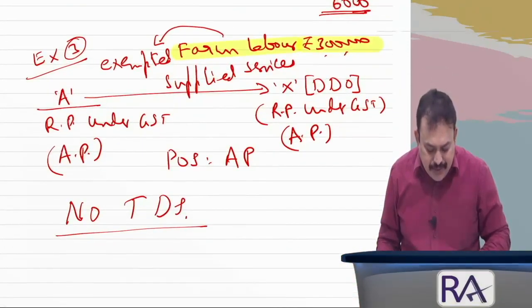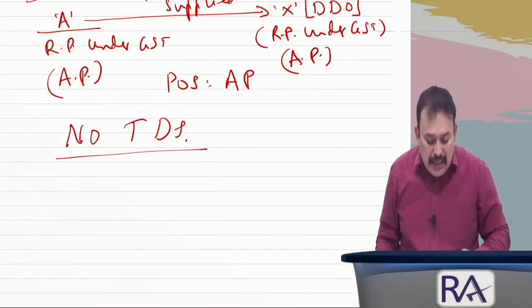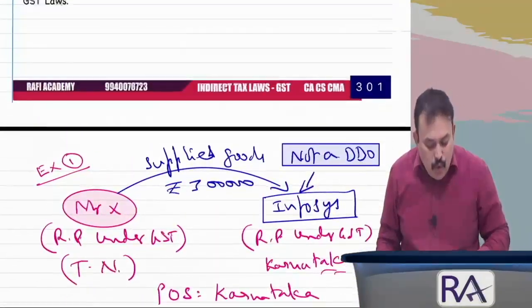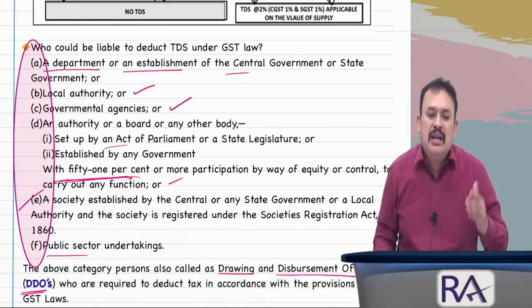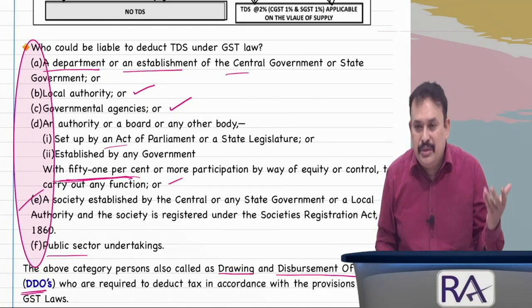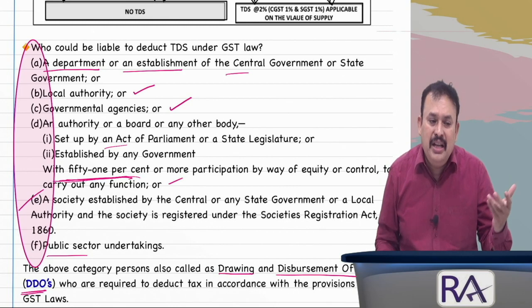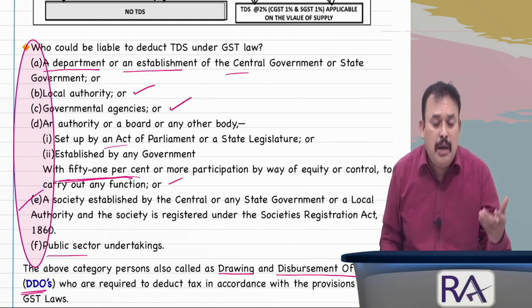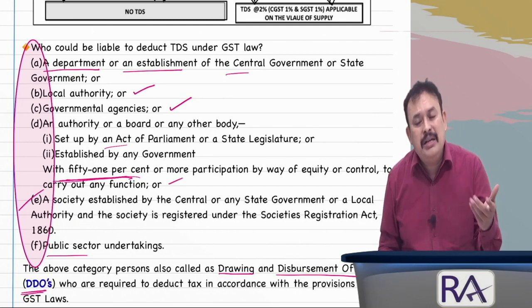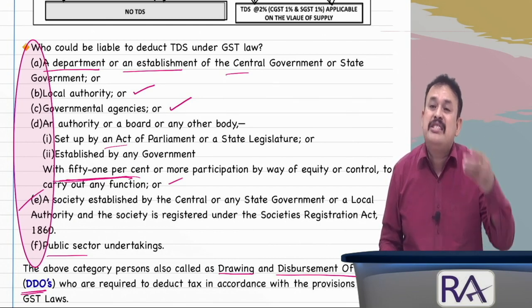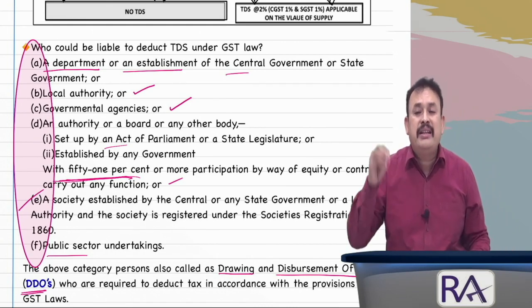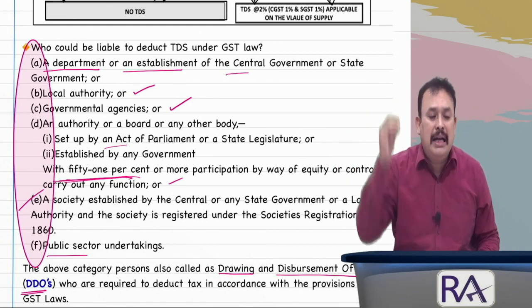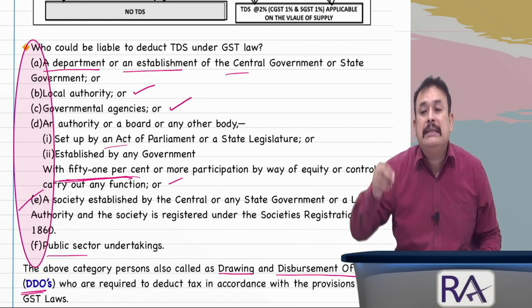Further, who is a DDO? A DDO means a department of the central government, state government, UT or local authority, governmental agencies, including an authority established by an act of Parliament, or an entity in which not less than 51% stake is held by the government, or a society registered under the Societies Registration Act, or a public sector undertaking company.